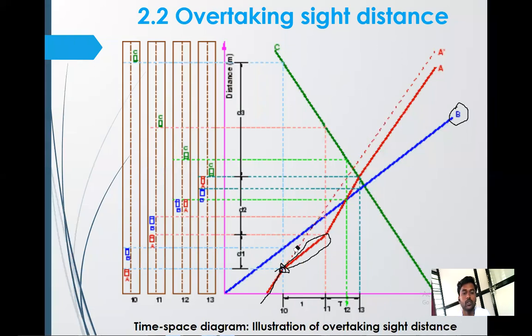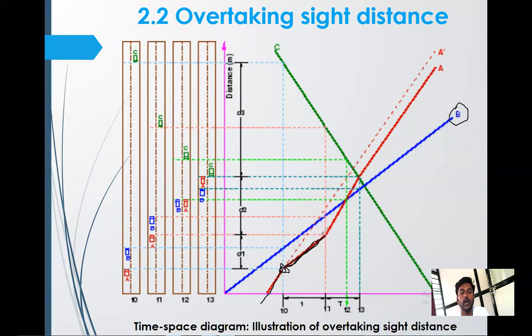Initially the speed was high, and that is indicated by this dotted line. But now what happens? He saw the vehicle B, but it is moving very slowly, so he reduces his speed. So the line deflects here.